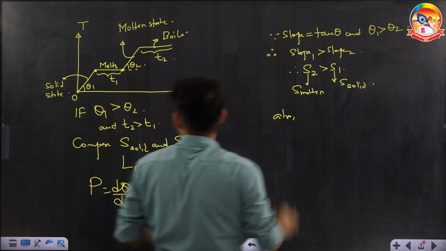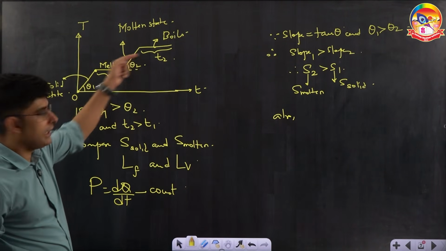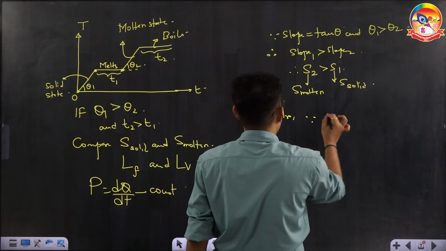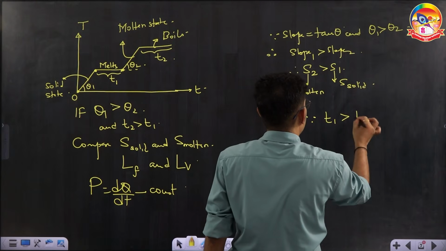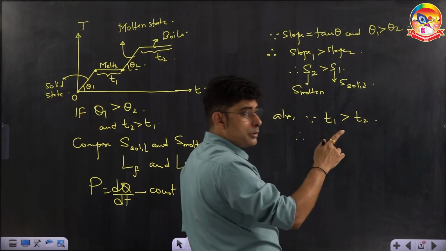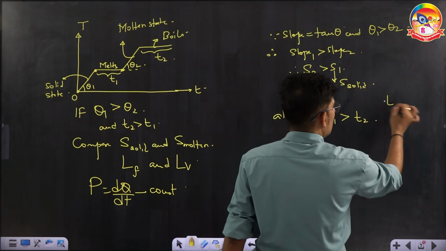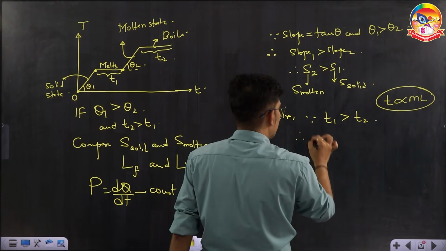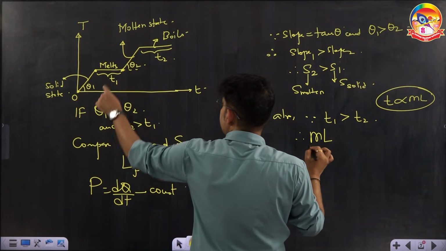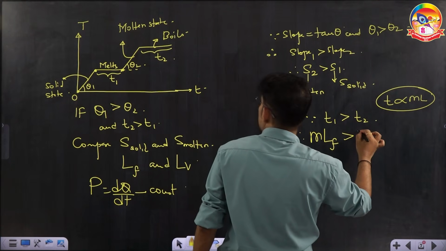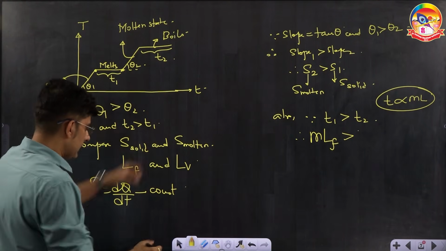Also, when you see the melting and boiling cases, we have to compare time. T1 is greater than T2. For that I said time is proportional to mL. Mass is the same, so m times latent heat of fusion is greater than... I'm sorry, in the question we are given T2 is greater than T1.